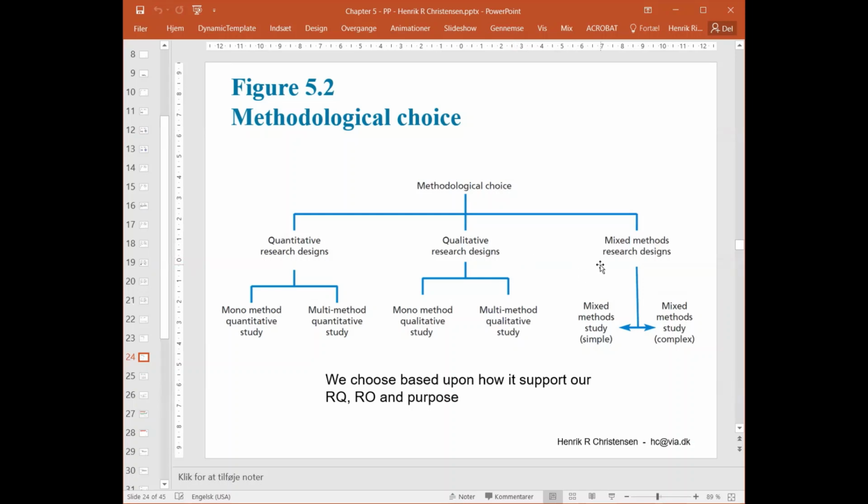Well, it depends. If, for example, the research question was how many people like the Lego and why, if we add and why, then it might make a lot of sense to use a mixed method research design, simply because we will start out by doing our quantitative research and figuring out the proportion that likes, and then we would also ask those people who said, yes, we like LEGO.